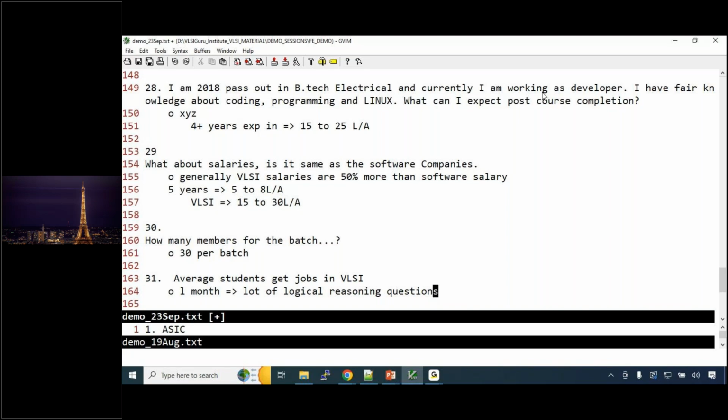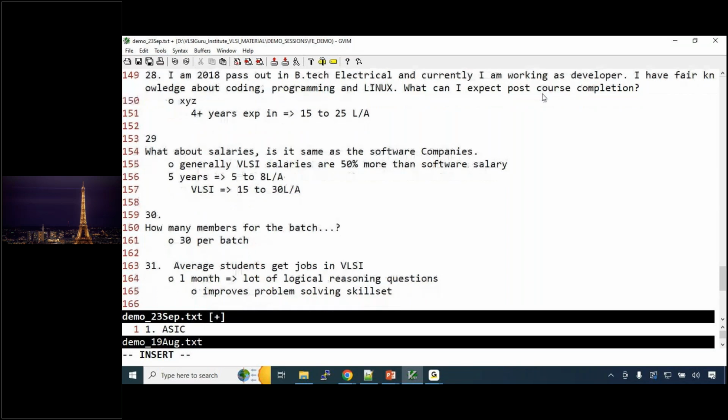Simple questions, time and work. There are some 20 categories of questions, right? Dates, relations, all that. That will improve my ability to understand the concepts and my problem solving skill set. Then I will join the course.